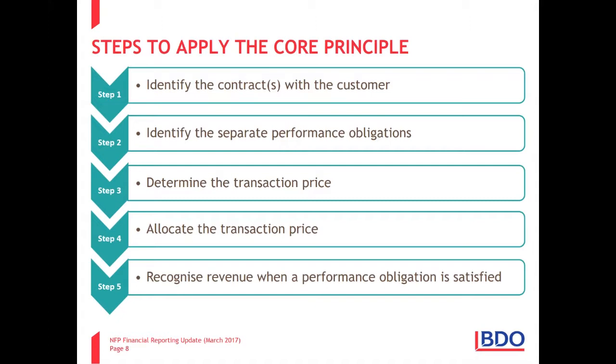So that's the 2 options, at a point in time or over time. Now in this example, the mobile phone Telstra would give to me when I walk out the store. So they would say, I am fulfilling that promise to give you a mobile phone when you walk out. Therefore, you can recognize revenue at a point in time, at the point that you walk out with the phone.